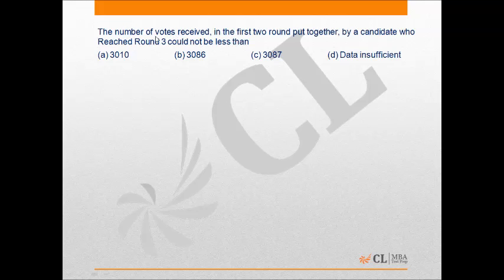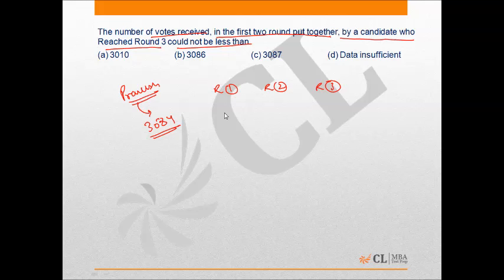Last, the number of votes received in the first 2 rounds put together by a candidate who reaches round 3 could not be less than. So the required person is Pravesh, who received 3084 votes in the first round. So he has qualified in round 2 and I have to make him qualify in round 3 as well.